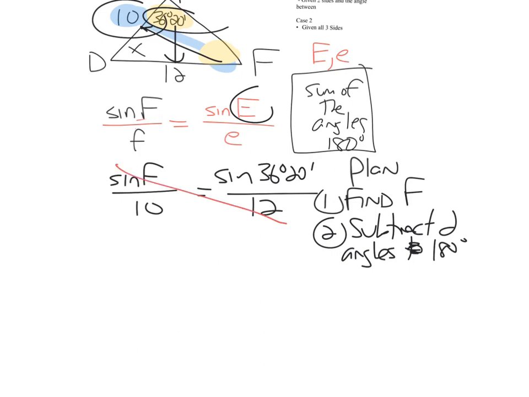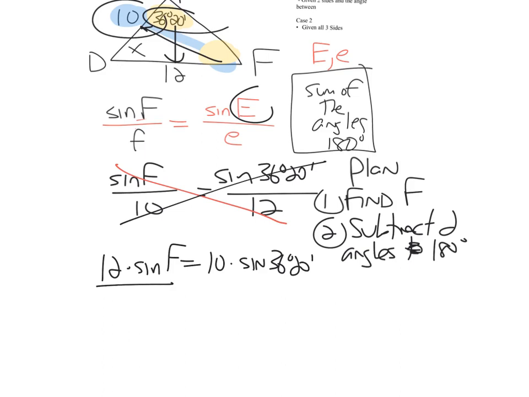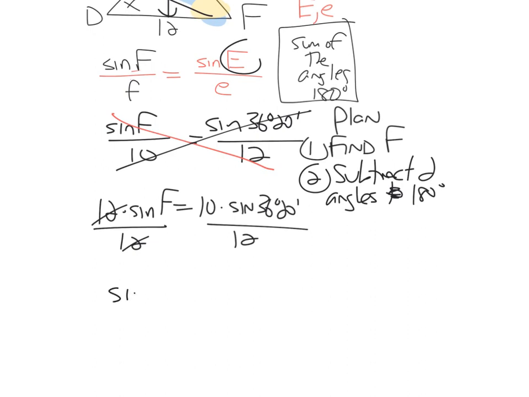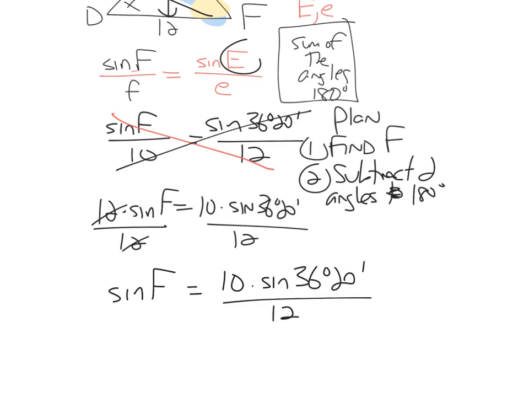I have 12 times the sine of angle F. That equals 10 times the sine of 36°20'. And then I'll divide both sides by 12 to get the sine of angle F by itself. So here I have the sine of angle F equals 10 times the sine of 36°20' over 12.